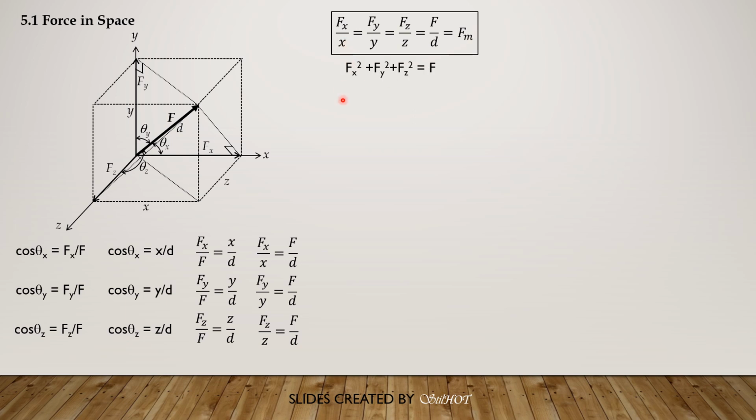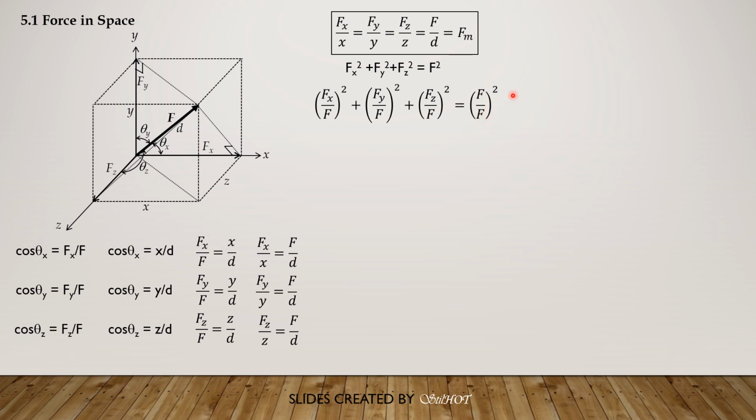Then also, Fx squared plus Fy squared plus Fz squared, the sum of the squares of the components, is equal to the square of the force. Dividing everything by F squared, we have (Fx over F) squared plus (Fy over F) squared plus (Fz over F) squared equals (F over F) squared.